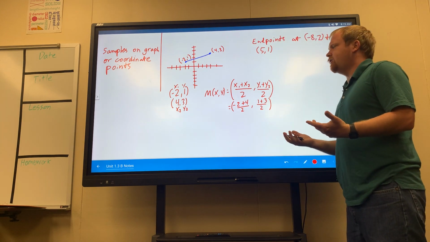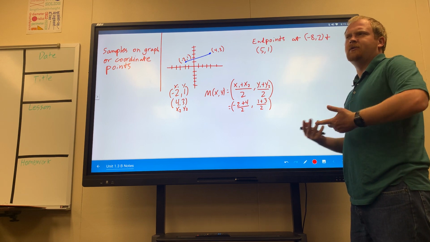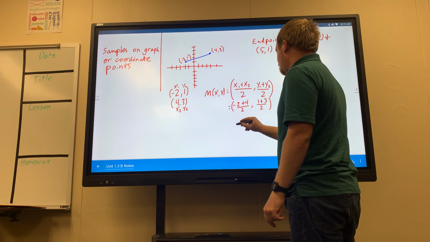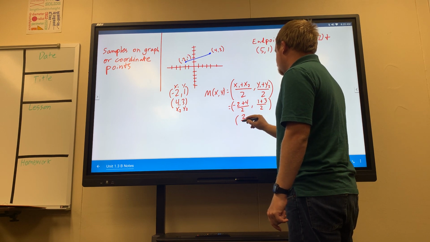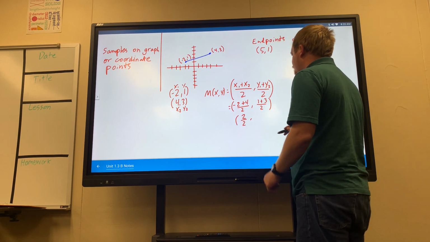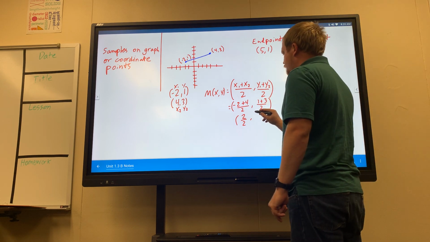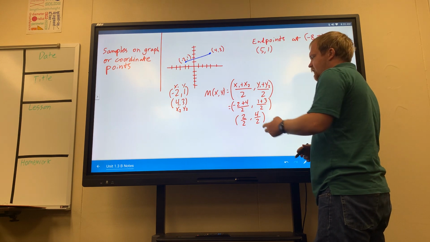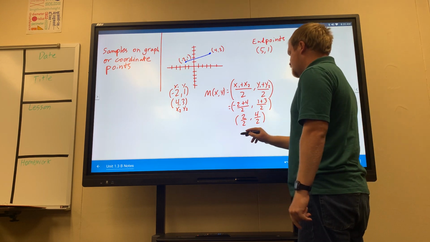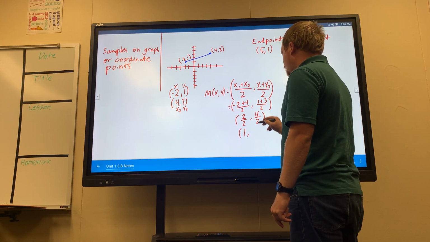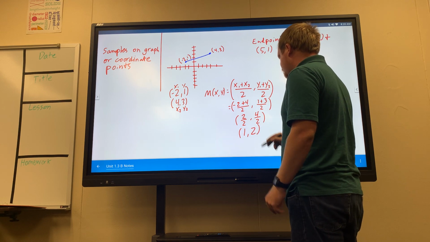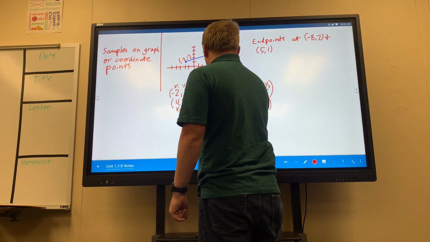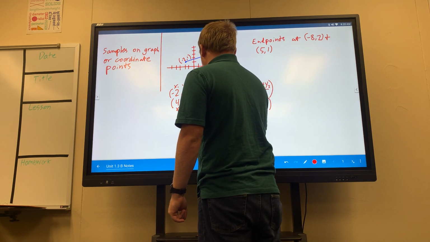So now all I gotta do is add them up and divide by 2. -2 plus 4 gives me 2, and that's going to be divided by 2. 1 plus 3 is 4, that's going to be divided by 2 as well. So now 2 divided by 2 is just 1, 4 divided by 2 is 2. So my midpoint is going to be (1, 2).